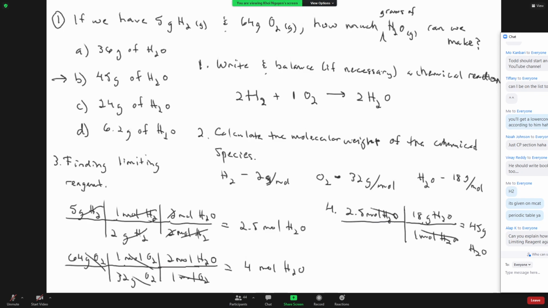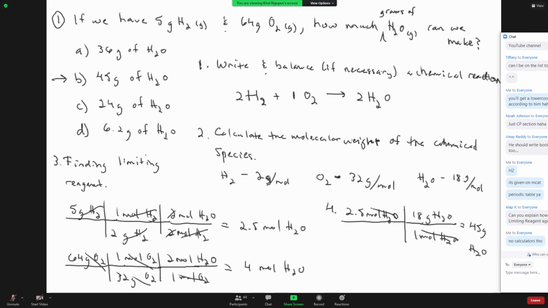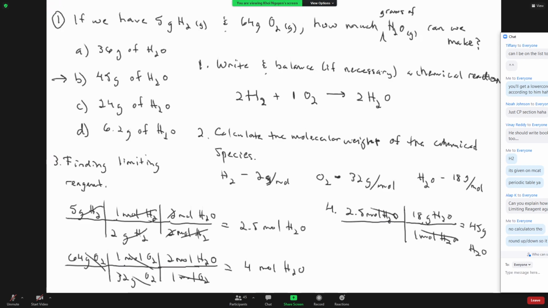That's the one thing. Hence why I spent all of last week going over the periodic table of the elements. Yes, no calculators. You have to do it in your head. So know the atomic masses relatively, and then you can add them.